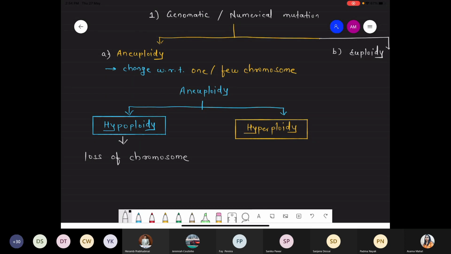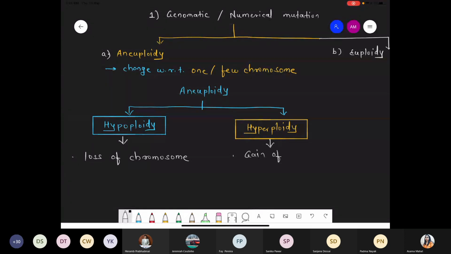Loss of chromosome means a mutation gets created. Suppose in our body a total of 46 chromosomes are there. Out of that 46, one chromosome is lost. Now only 45 or 44 chromosomes are there, so that time you can say it is a mutation. And hyper means gain of chromosome. Suppose 46 chromosomes are there, but now it is 46 plus 1.